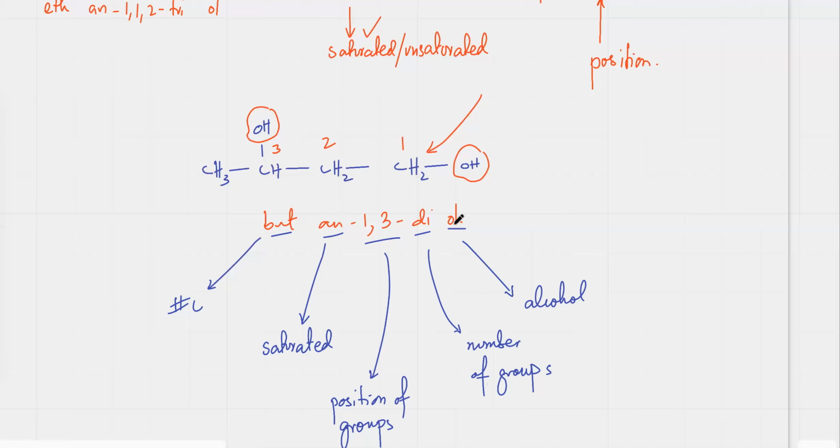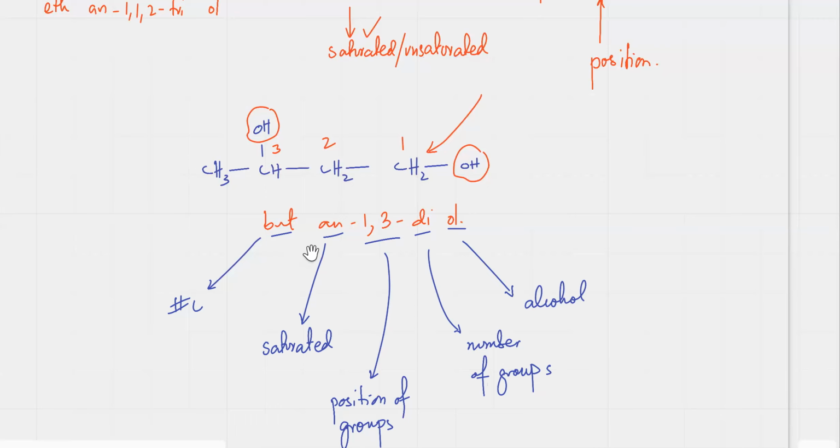If there's 1, just keep it ol. If there's 2, make it diol, then triol, tetraol, depending on how many functional groups you've got. Is this clear to everyone? Alicia, clear? Abdullah, is this clear? Yes, sir.